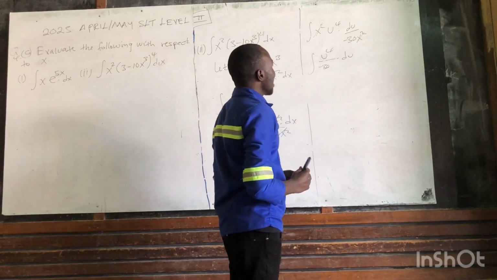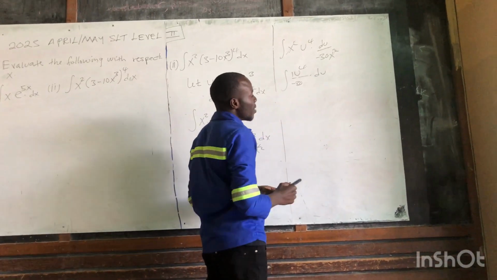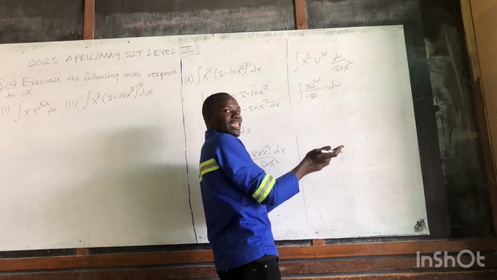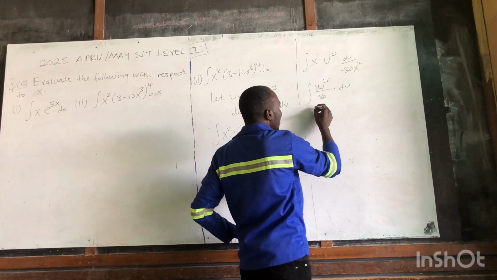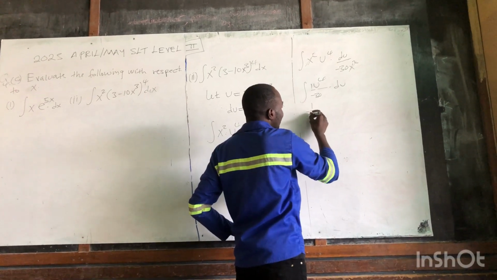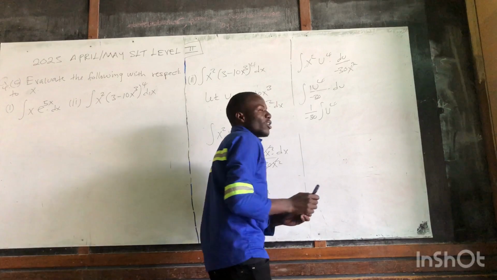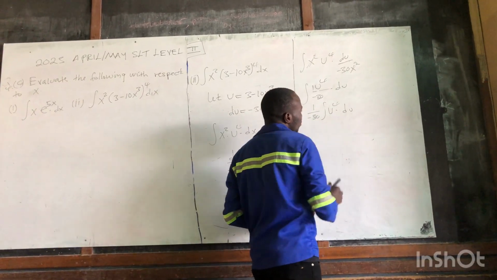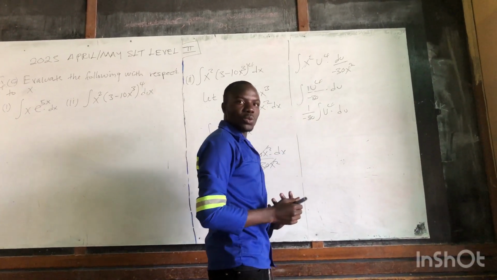I hope you understand that here we have 1 over negative 30, which we can take out of the integral symbol. So this is the same as 1 over negative 30 times the integral of u to the power 4 du. This is a common integral which we can work with.